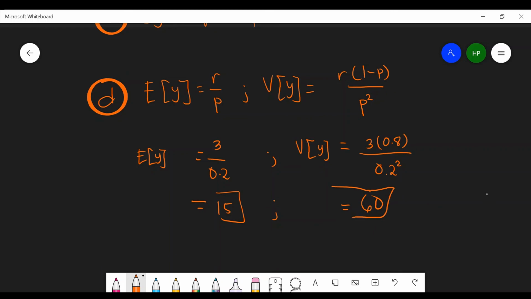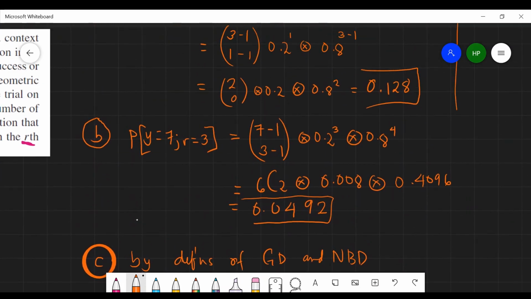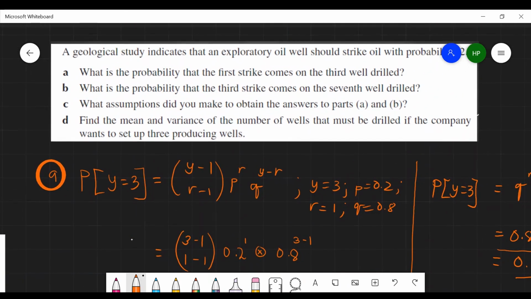So, kung ipapahanap yung s of y equals what? Square root of 60 is 7.75. Okay? So, ano ibig sabihin yan? Ano expected natin dyan? Ang expected value natin ay yun. Kung 3 ang kailangan natin, we need 3 producing wells, so at least we need to drill 15.